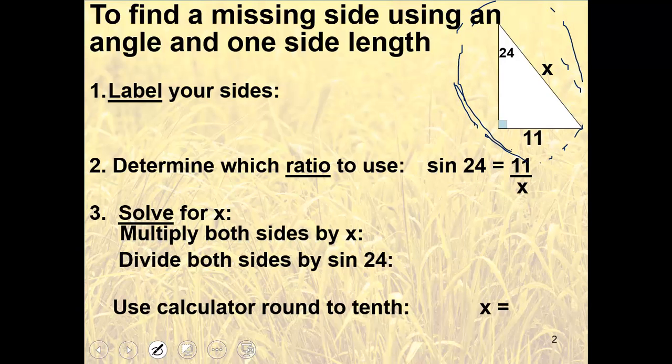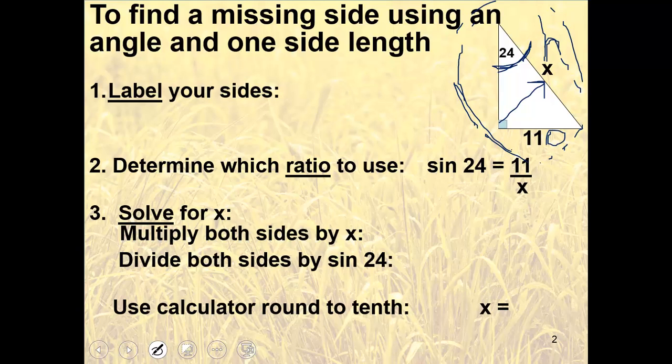Go ahead and label your sides, because it's always good. Draw your triangle, label your sides. Here is the angle in reference. It's 24 degrees. This is the side opposite. This is the hypotenuse. Why? Because the hypotenuse is always across from the 90-degree angle. So label the sides that you're given.